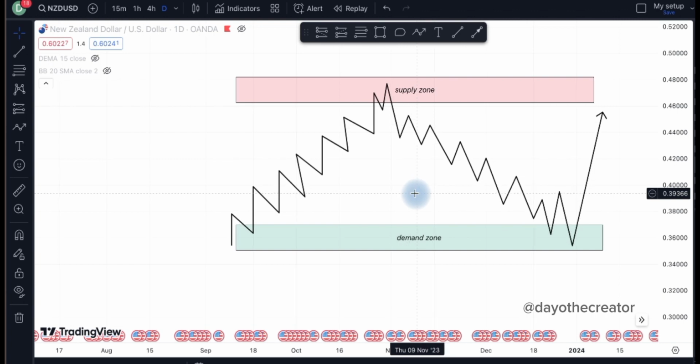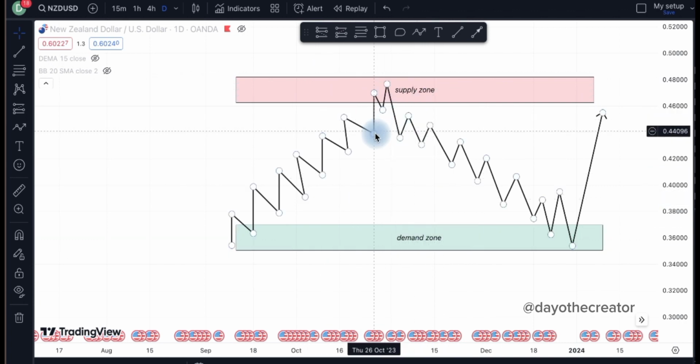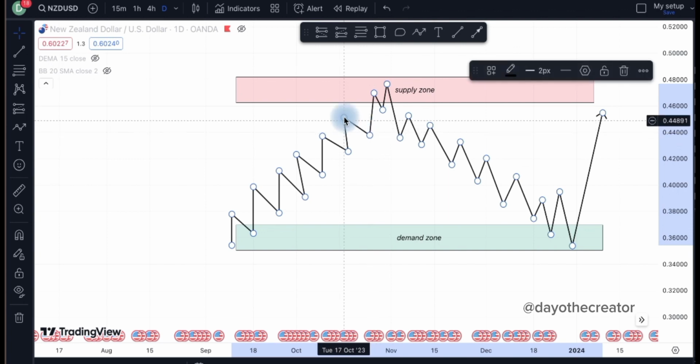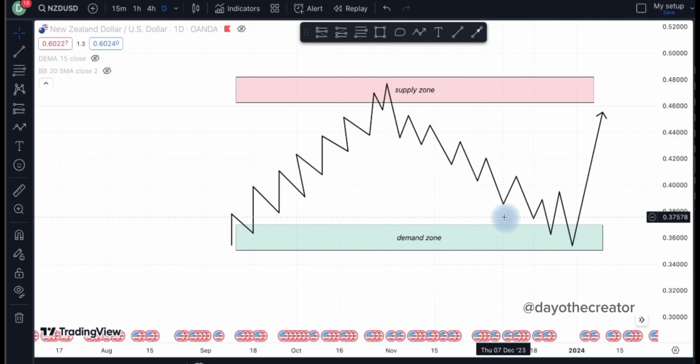But when we come to extreme supply, there's something we call the extreme supply zone and something we call the extreme demand zone. When you are looking at it in the higher time frame, we regard it as an extreme supply or demand zone.